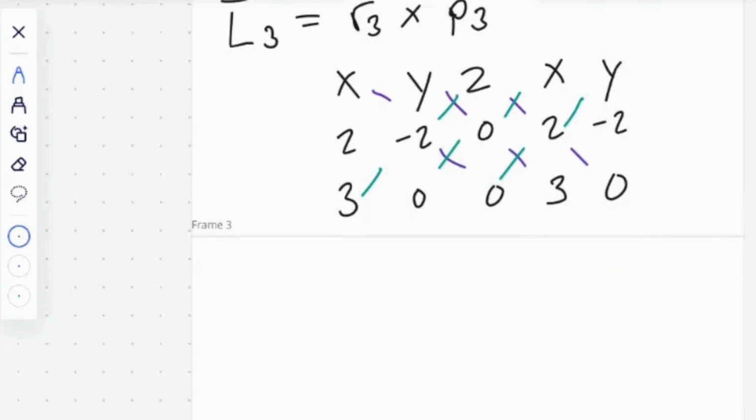So same as last time, we're just going to get negative k hat direction for this one.